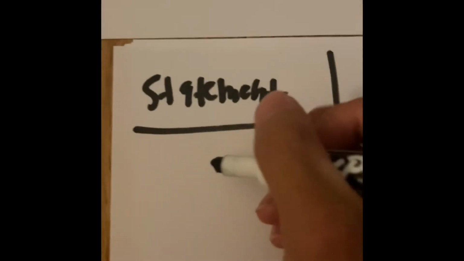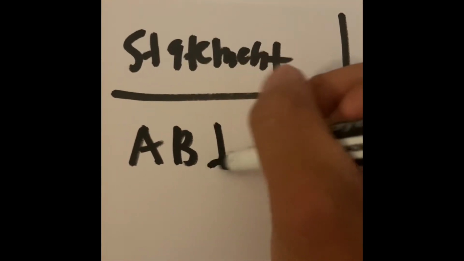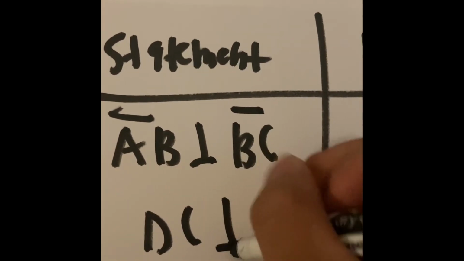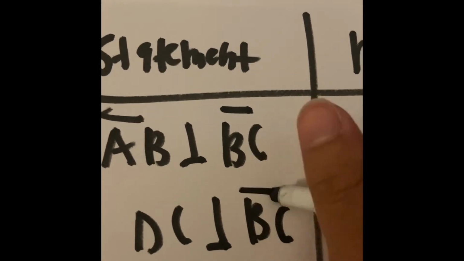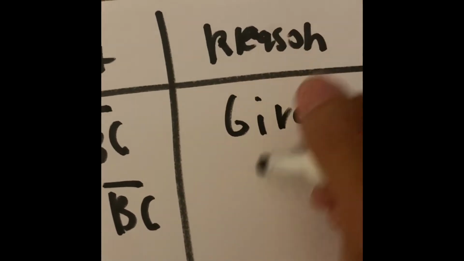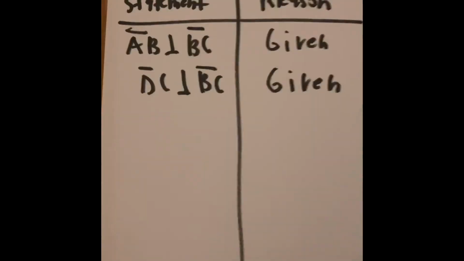Let's start with our proof. Given to us, we said that AB is perpendicular to BC as segments, and also DC is perpendicular to BC as segments. Those were the givens, the things literally given to us in the problem.